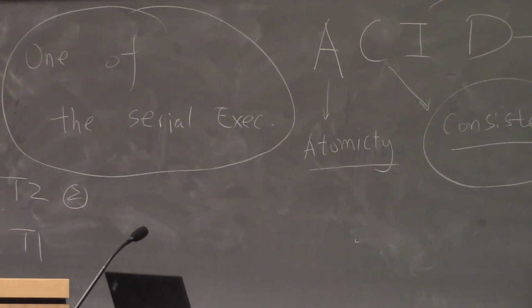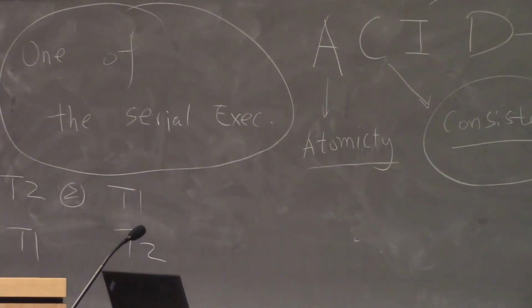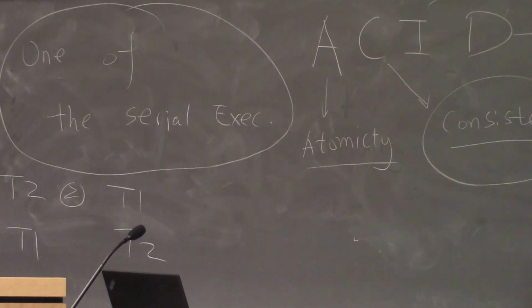What is another possible serial execution of these transactions? Well, you have no choice, right? T1, T2. You only have two transactions. That being said, let's check if this execution I show on the slides is the same as either this or that.